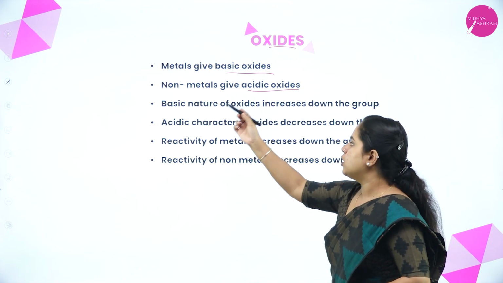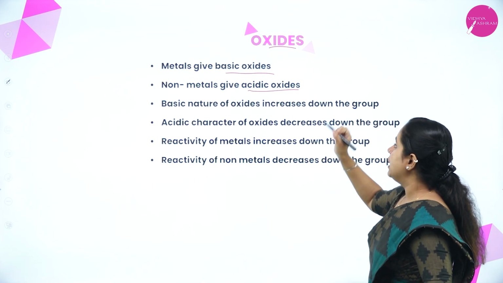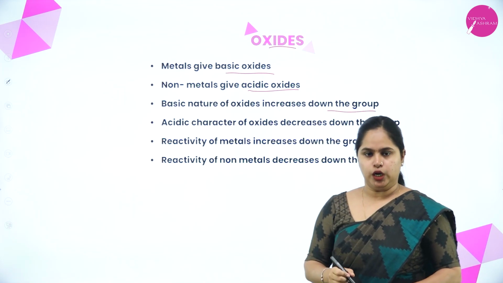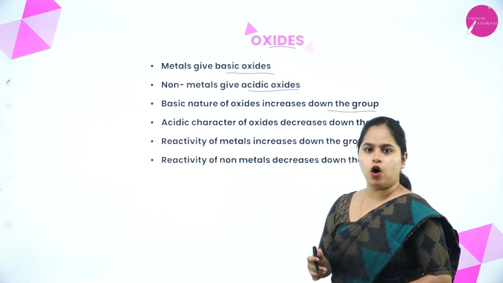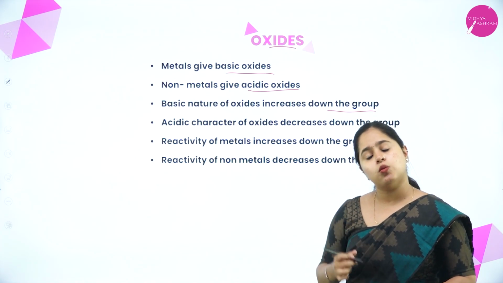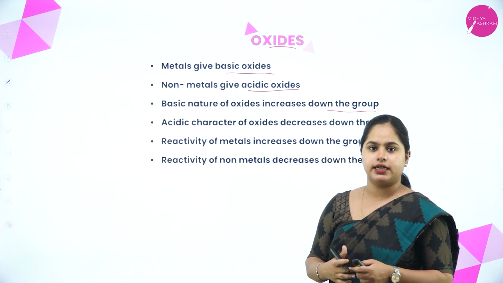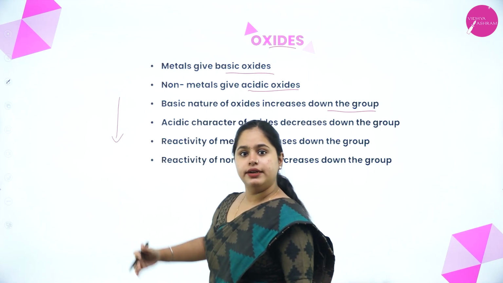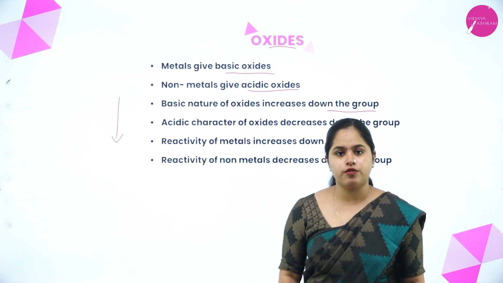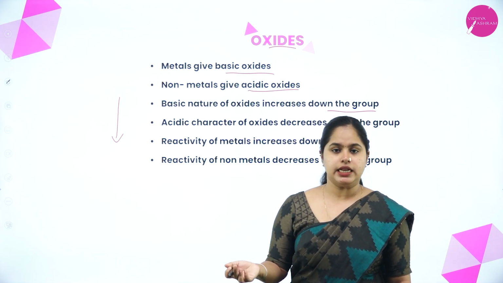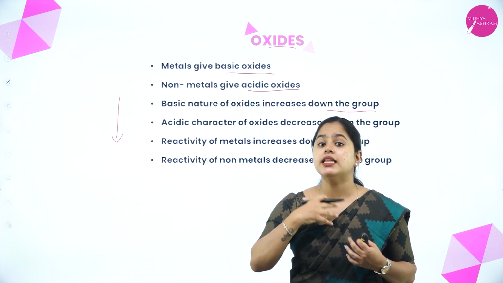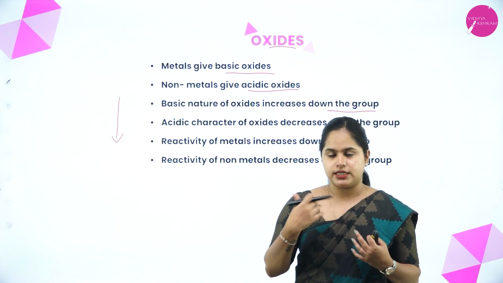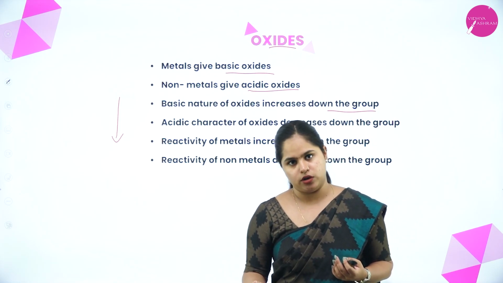So this is clear. Now the basic nature of oxides increases down the group. So who forms these basic oxides? That is metals, right? So what did we study about the metallic character? We studied that metallic character increases down the group, because the atom can easily lose electrons.